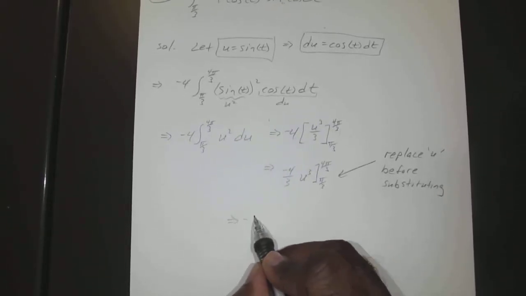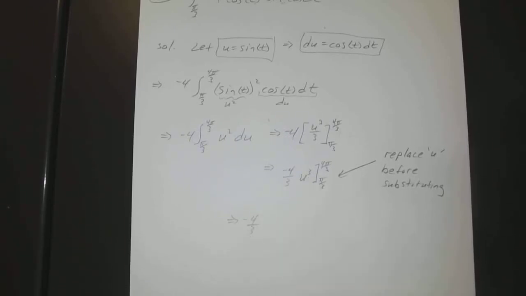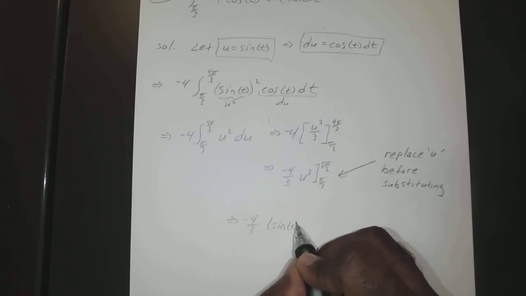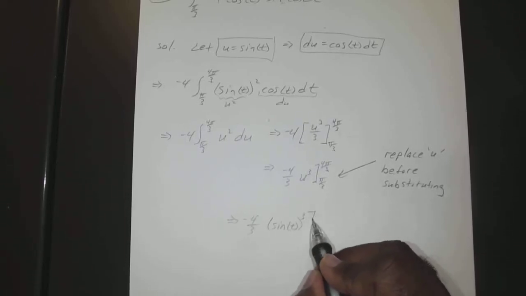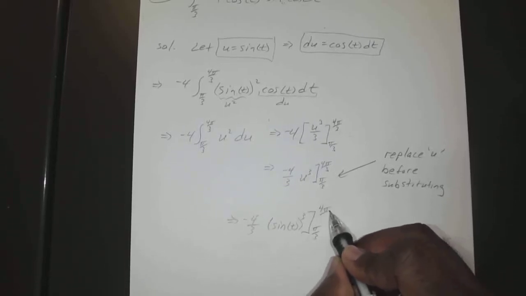Okay, so we have -4 over 3 times u is sine of t, so that's sine of t to the third from pi over 3 to 4 pi over 3.